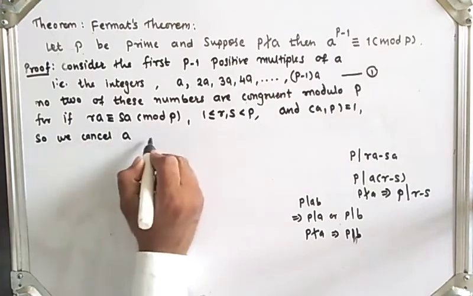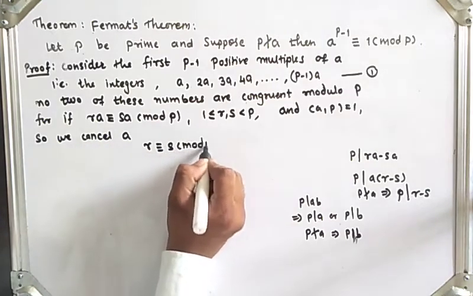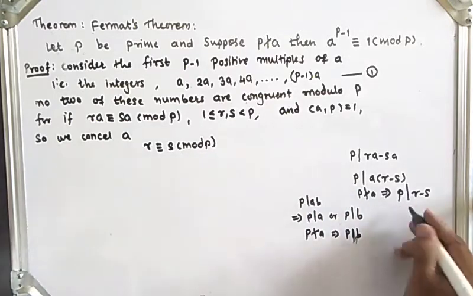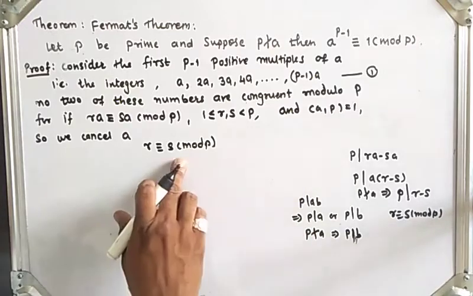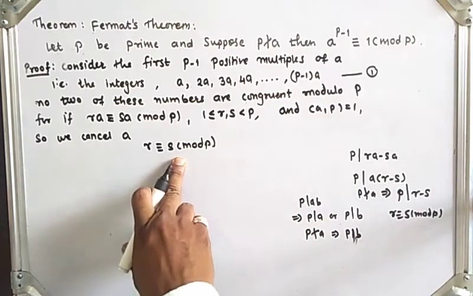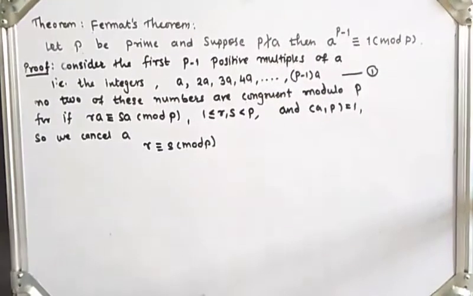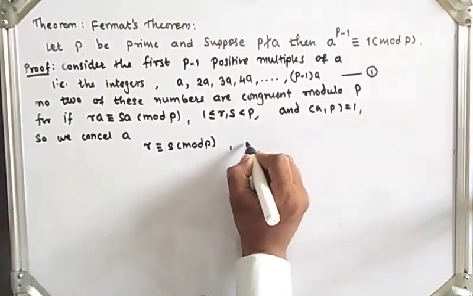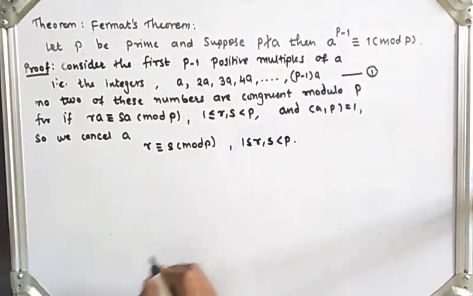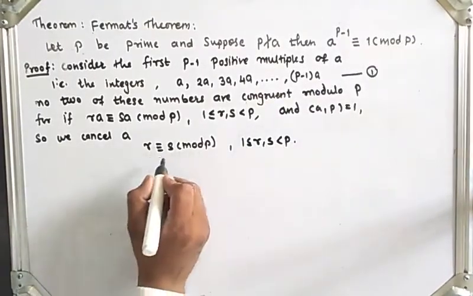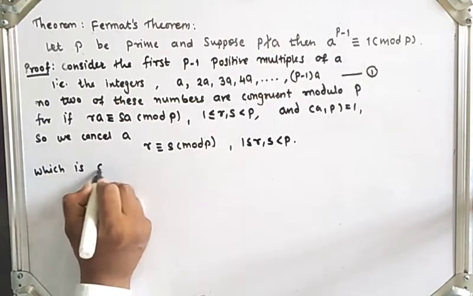By cancelling a, r is congruent to s modulo p. So p divides r minus s means r is congruent to s modulo p. And the condition on r and s is 1 less than or equal to r, s less than p. So this is a contradiction to our assumption.